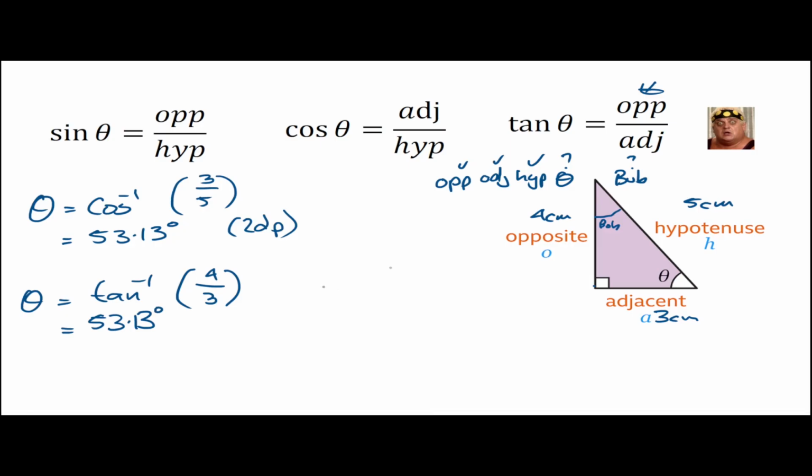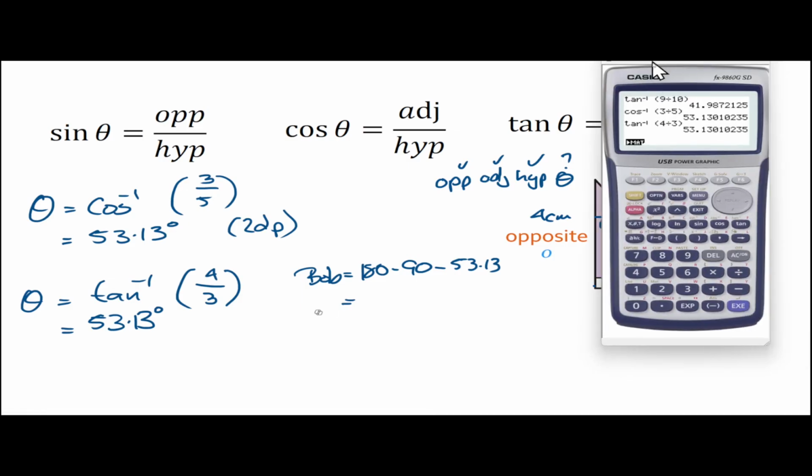Okay, now let's work out Bob. Well, there are a couple of ways we could do Bob. We could make Bob the theta, so that now the opposite becomes the adjacent and the adjacent becomes the opposite, but we know that all of the angles in a triangle add up to 180 degrees. So Bob is going to be equal to 180 degrees minus 90 degrees, which is the right angle, minus 53.13.